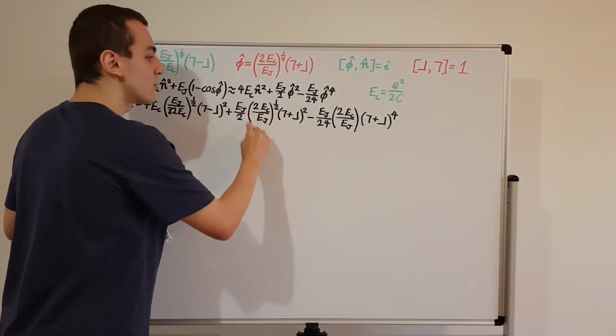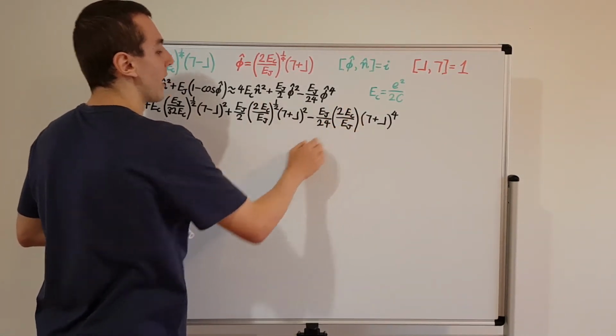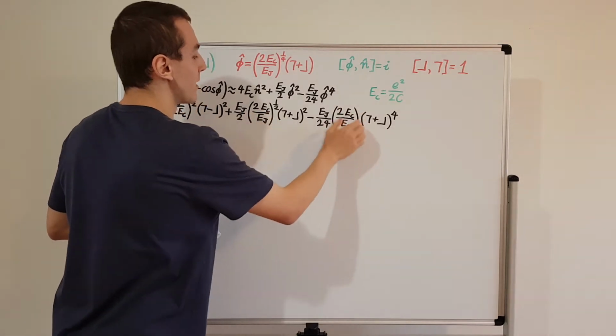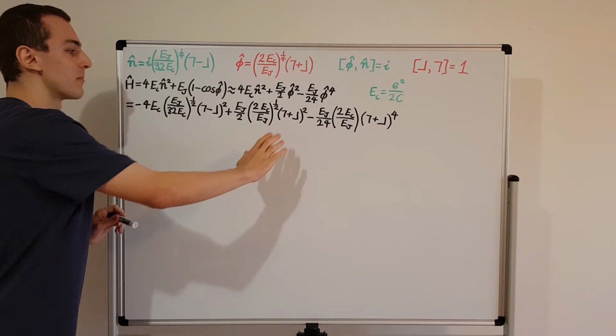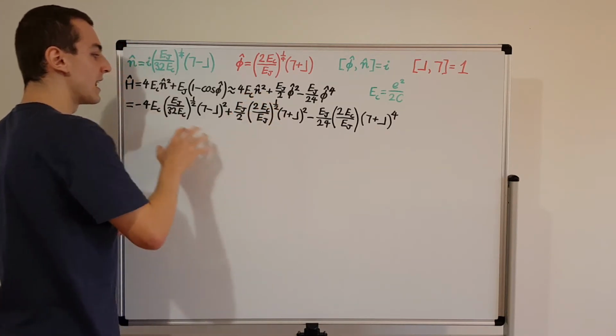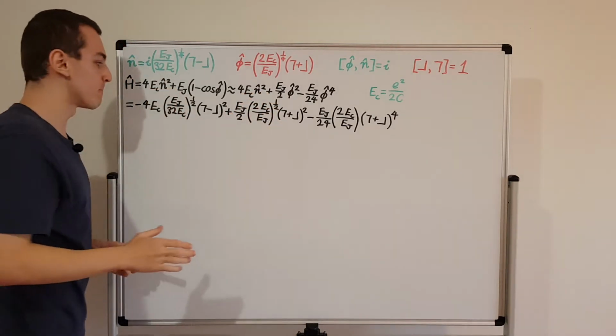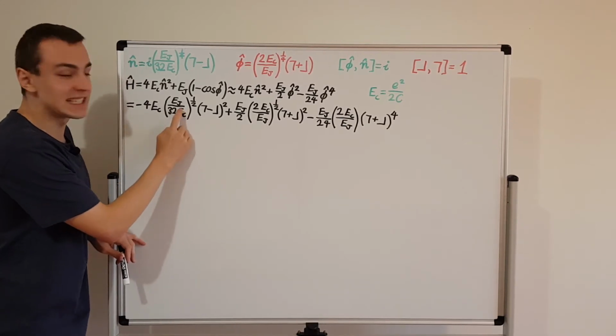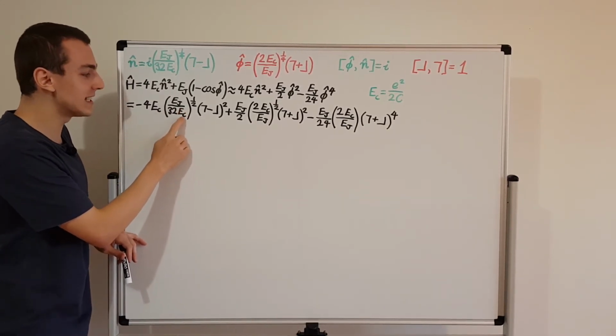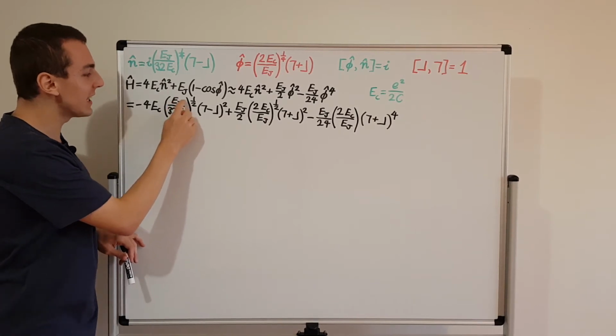You can see this prefactor and this prefactor have the same fraction on the inside, but there's a different power. So let's have a look at what we've actually got. This coefficient over here and this coefficient are actually the same. If we bring this EC inside, that's going to become EC squared. And it's going to cancel with this EC in the bottom. So we're going to have EJ EC.